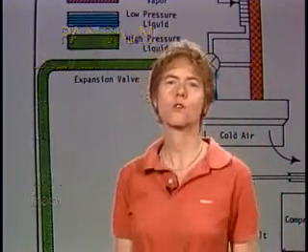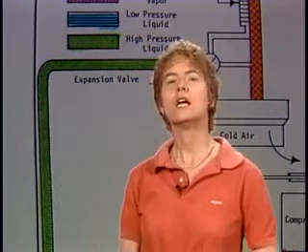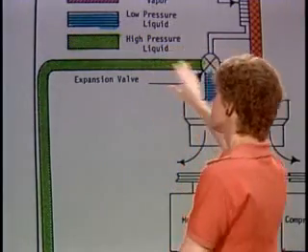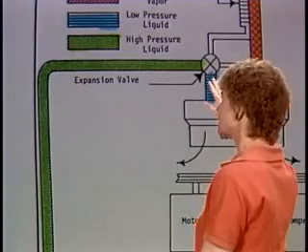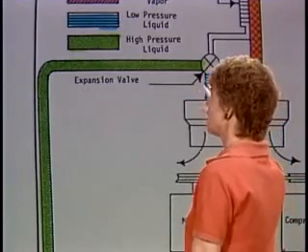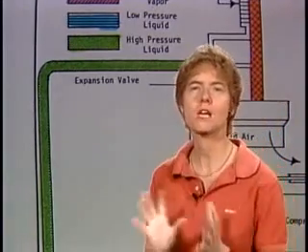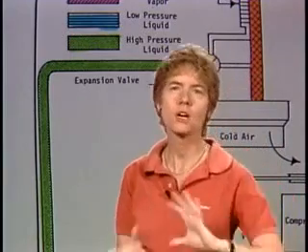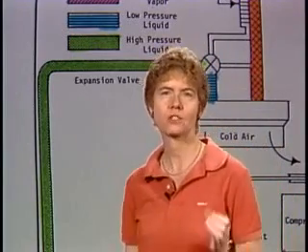One of the things that's going to happen when that occurs is that the temperature of the Freon will decrease. The Freon is going to get colder on the output side of the expansion valve, so you should be able to see a temperature difference between the two sides of the expansion valve.